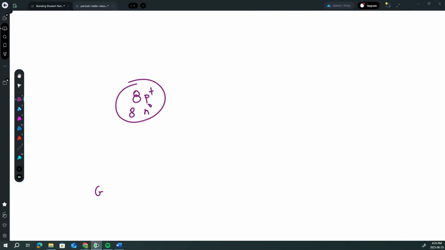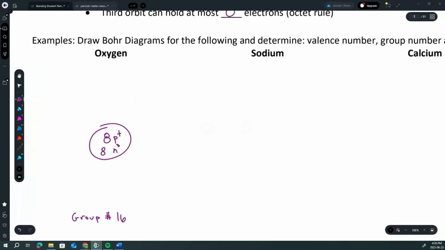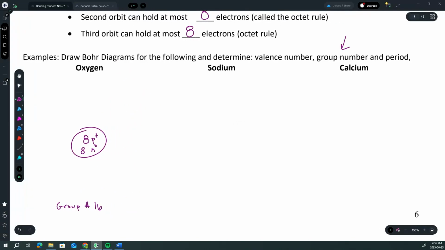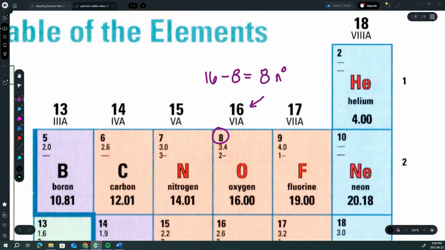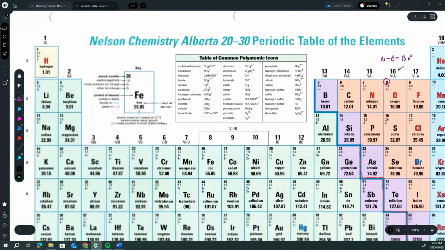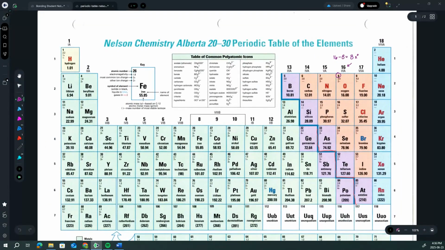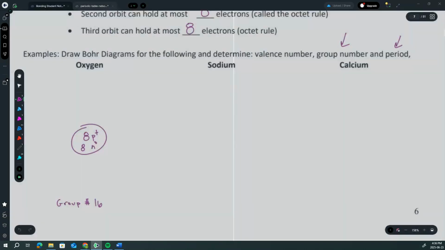I'm going to write group number 16, just following what we're asked. And for the period, if I look back at my periodic table, I notice that oxygen is in the second period, or the second row of the periodic table.